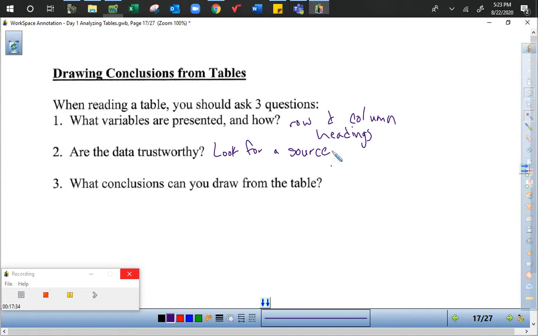You have to make sure that your source is tied to what your data is represented. So for our Boston example, if it's talking about Boston skaters, but our source was figure skaters in some other city, that wouldn't really be relevant to us, and we wouldn't really trust that data. So look for a source and make sure it's relevant.